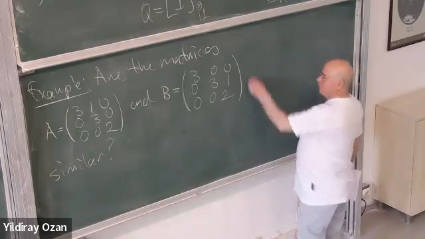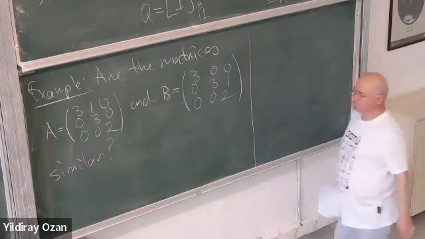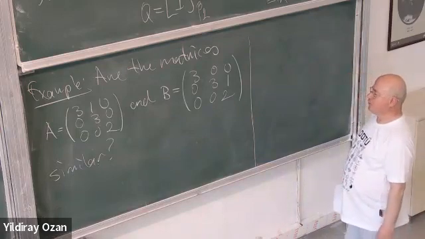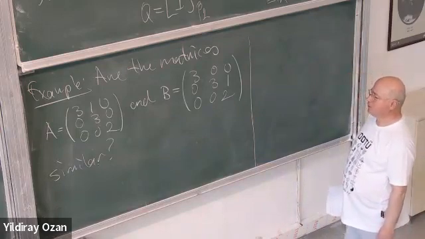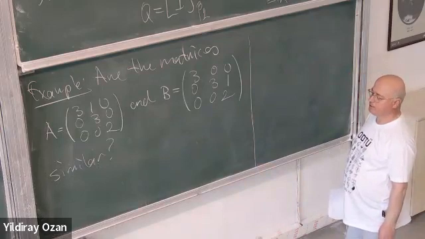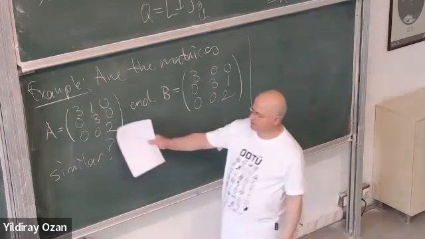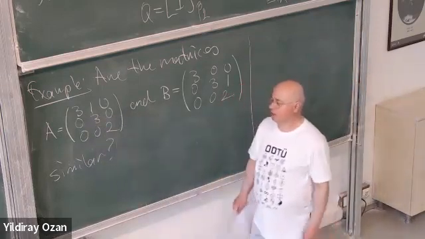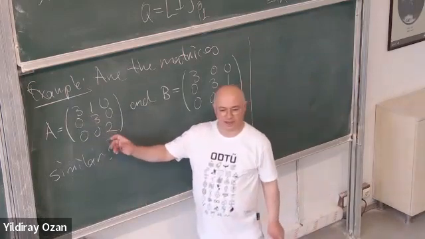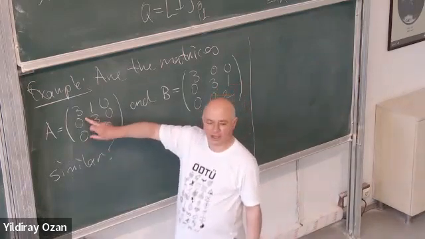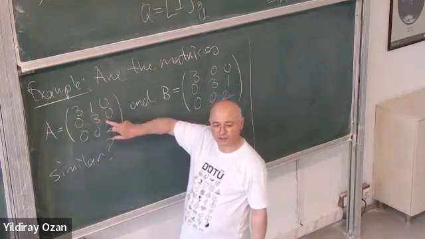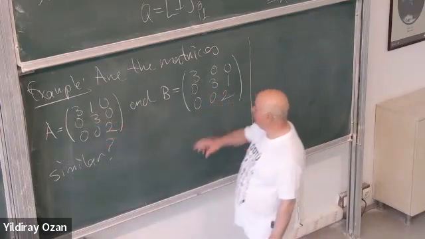Okay, so if you compute, for example, characteristic polynomials, they are the same. Because since this is a triangular matrix, the characteristic polynomial will be x minus 3 squared times x minus 2.